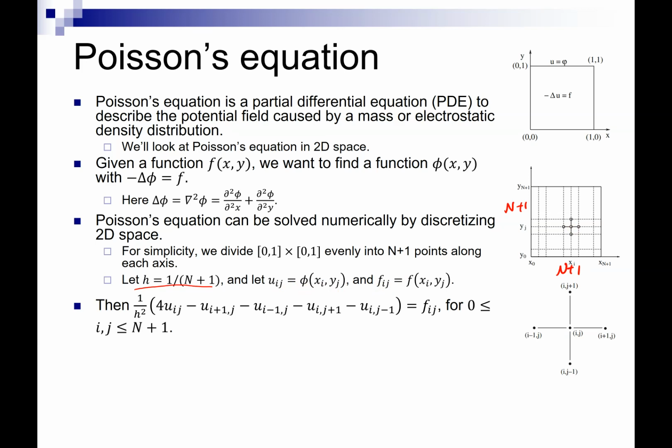Now we want to express this Laplace operator in terms of these values, u and f. The Laplace operator has second derivatives, so let's start with first derivatives. The way you can express a derivative is: take the value of u at this point, which is the value of phi at this point, subtract the value of u at the neighboring point, and divide by h.